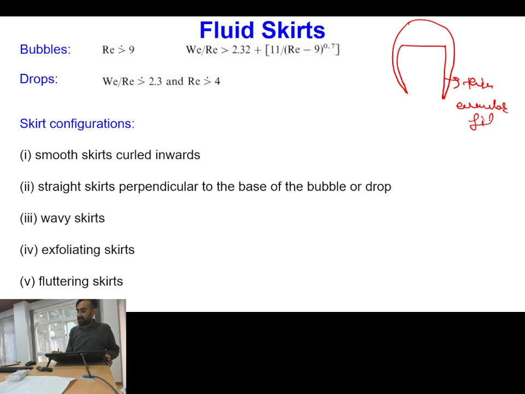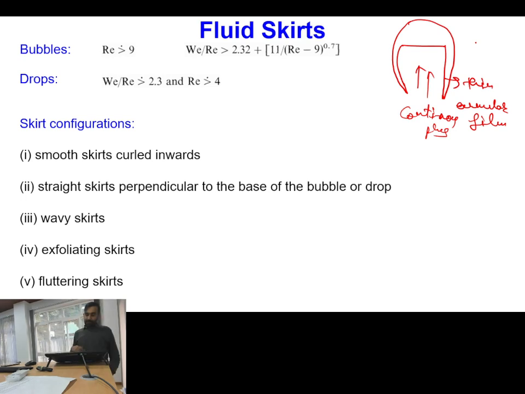Within this thin annular film you will have the continuous phase. So this type of bubbles are called skirted bubbles.